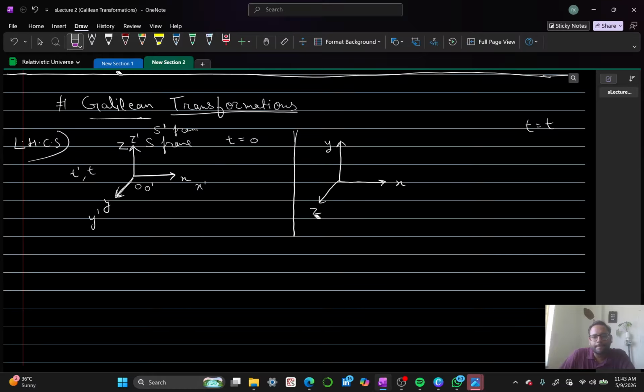This is z, this is y. This is my S frame. And now the S prime frame has just translated.